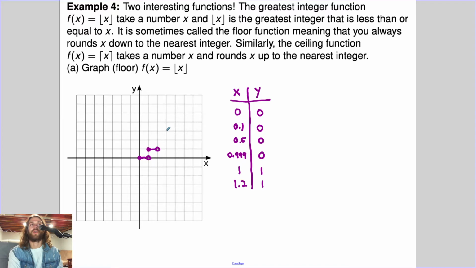All of those get rounded down. That's why it's called floor. That's a better name for it. It's sometimes called the greatest integer function, but that's super confusing. You just take the number that you're at and you round down to the integer below it, until you get to the next whole number.